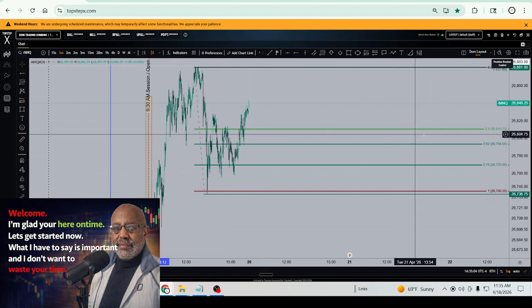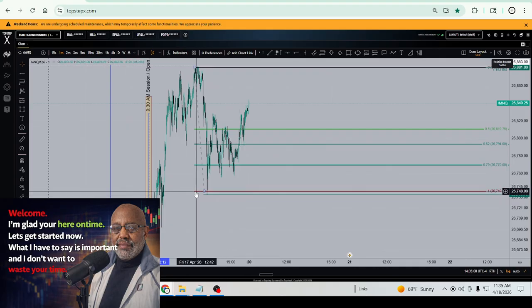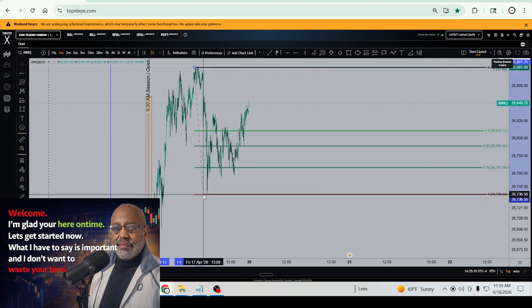That's why these are a different color. If it goes back to the red, which is where the range low is, well, typically that's going to be a reversal. So that's why this particular Fibonacci is different.